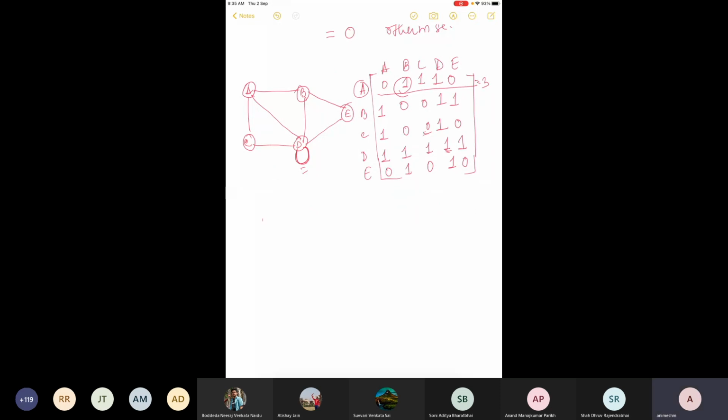For the directed graph, it's the same, only the direction is maintained.